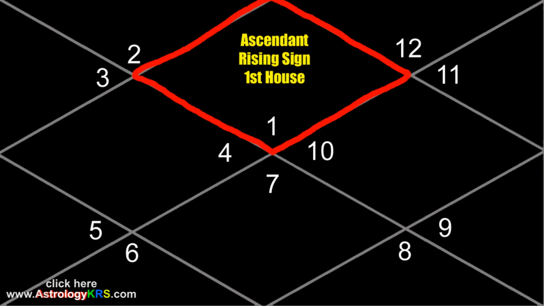Anytime you look at this box, this is your ascendant. So if you're looking at a chart from my report, all those pages and all these charts that you see, whether it's divisional charts or your birth chart, the ascendant of all of those charts is always this box. That's it. Simple.